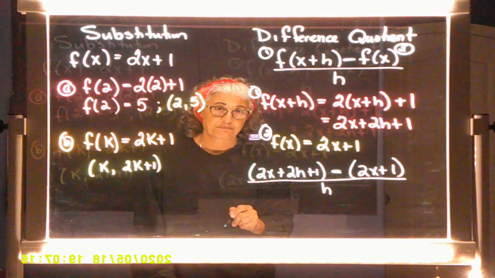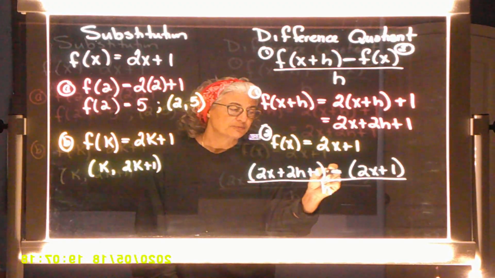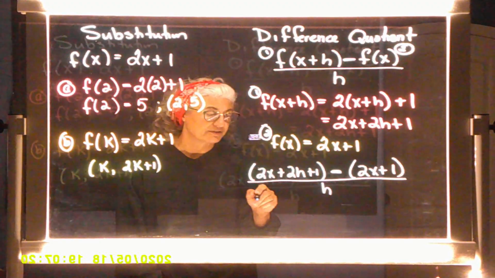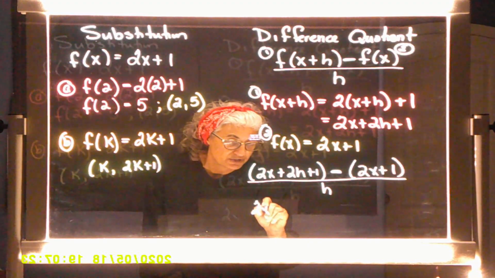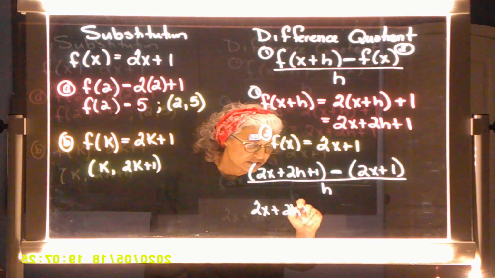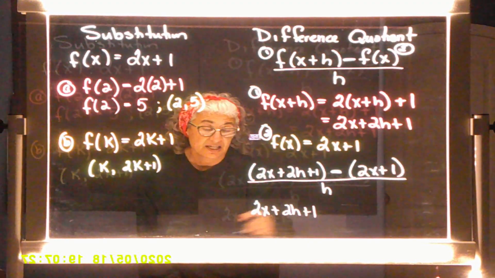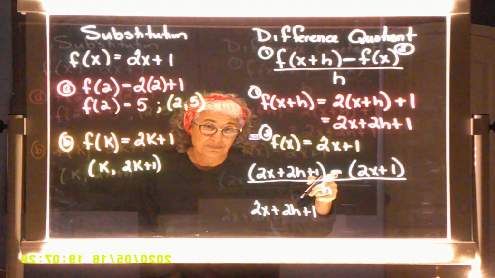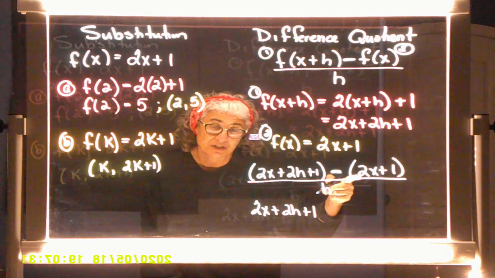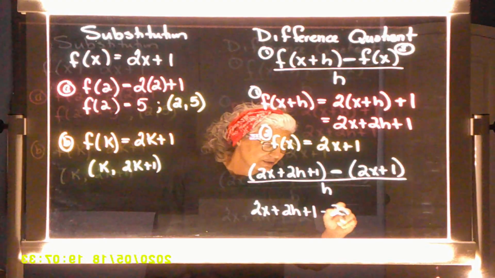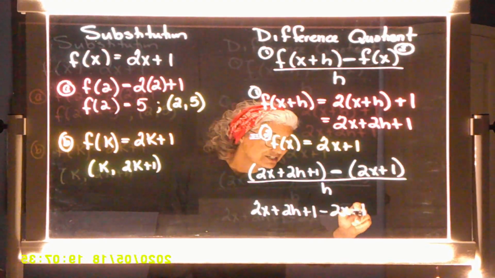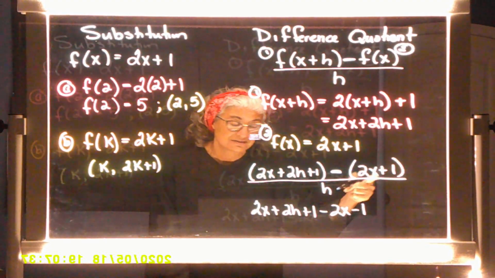With me? Okay, so I don't like the parentheses being here, so let's get rid of them. This would just simply be 2x plus 2h plus 1, right? In front of the second parentheses, that minus sign, so that 2x will be, good, minus 2x, and yes, minus 1. Agreed?